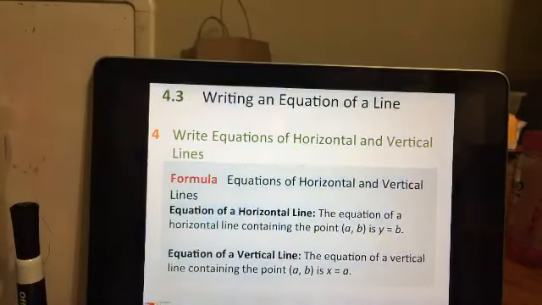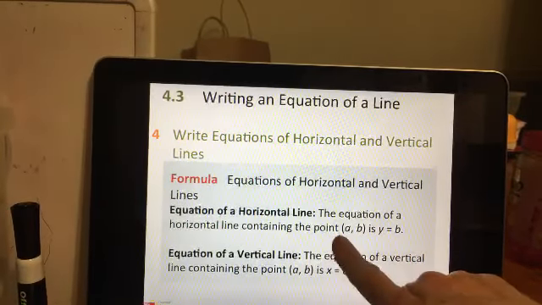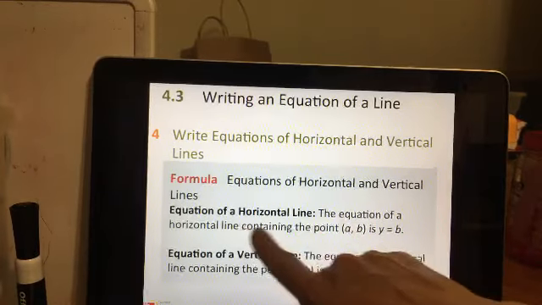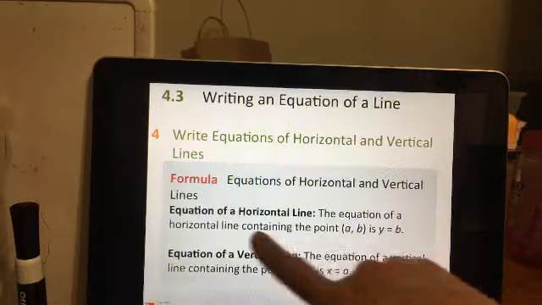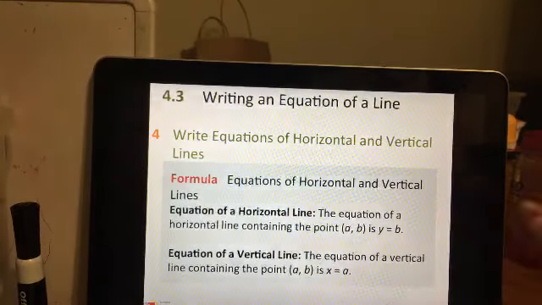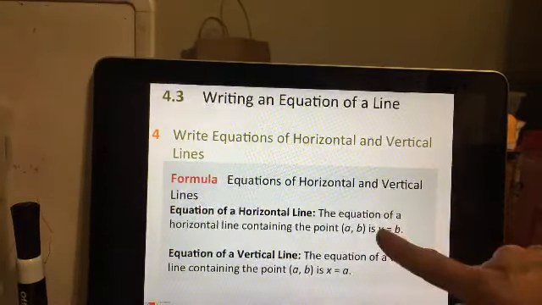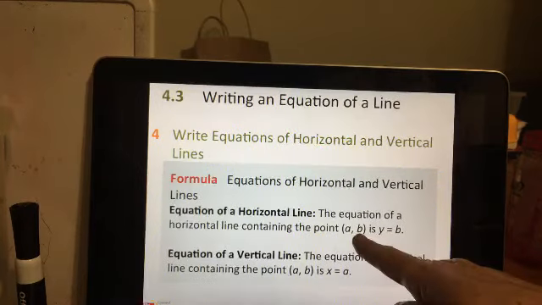So this little slide is reiterating that point. If we have a horizontal line containing a point (a, b), since horizontal lines have the same y value, then we take y equals b.